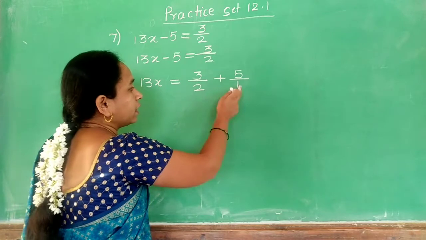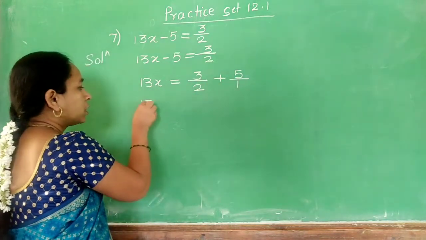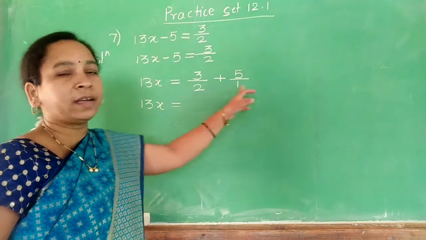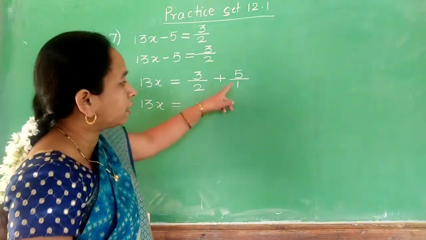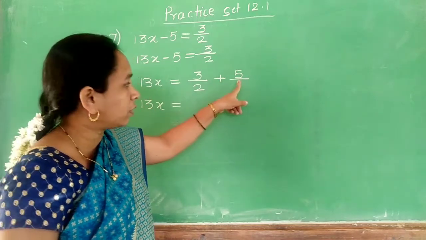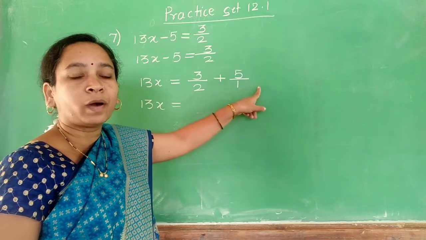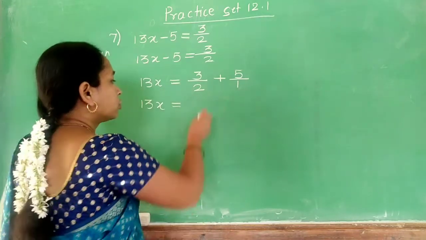Now we will make their denominators equal and we'll add these two fractions. So 13x as it is. To make their denominators equal, it is needed to multiply this fraction by 2, because if I multiply this one by 2, I will get 2 at the denominator.